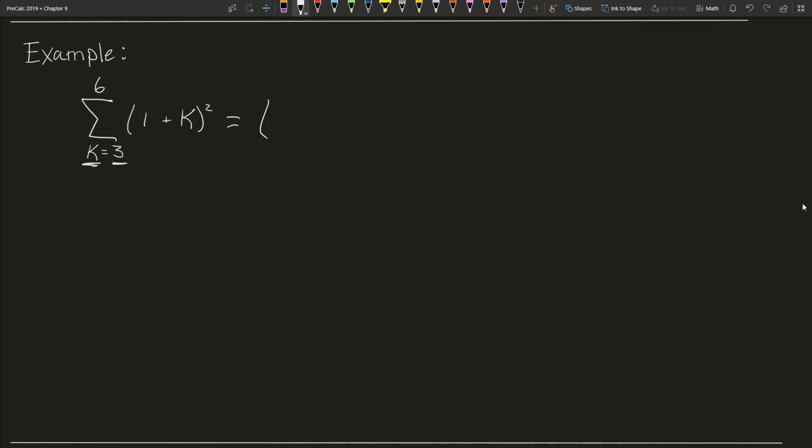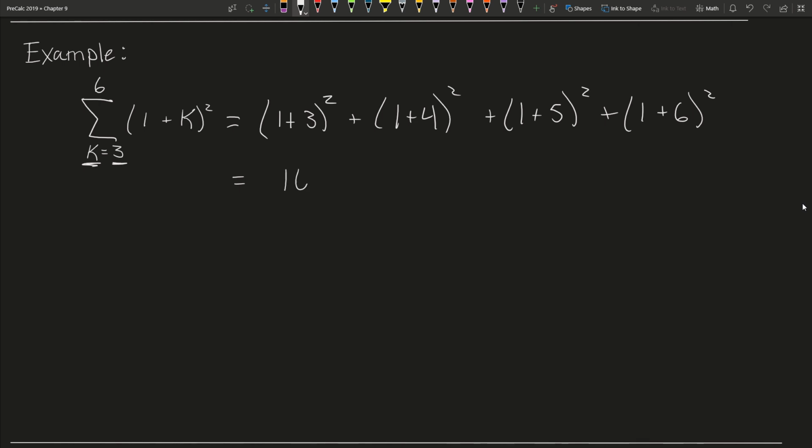So if we rewrite that, we get 1 plus 3 squared plus 1 plus 4 squared, all the way up until 6. So then we could get all those numbers, sum them together, and then we'd get an answer.